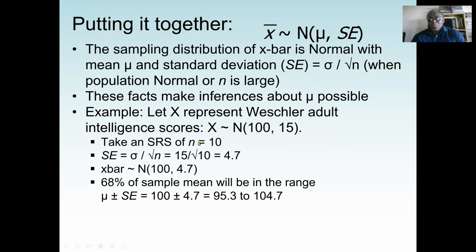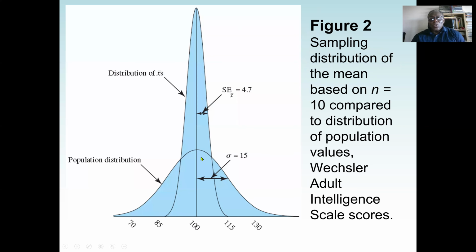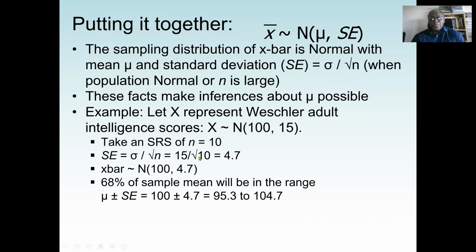When I take a sample size of 10, the mean will remain the same, but this time our sample standard deviation will be 15 divided by square root of 10, the sample size. So here we can see that we have a normal distribution. The mean is constant, but we can see that the standard deviation of the sample is 4.7.